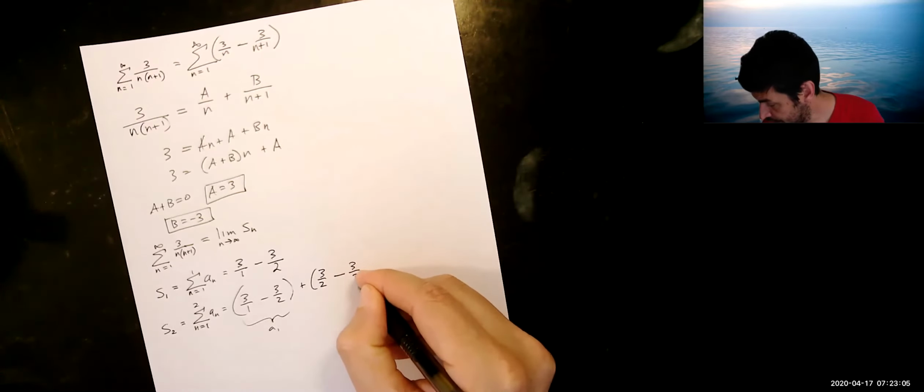Let's do one more. n equals 1 to 3, this is our third partial sum. So we still get the same first two terms. Then I put n equals 3 into our expression, and I get plus 3 over 3 minus 3 over 4.